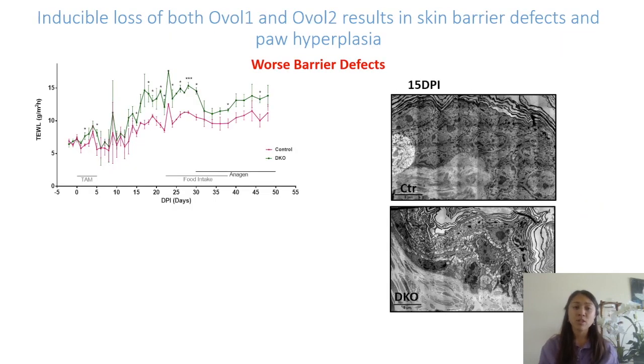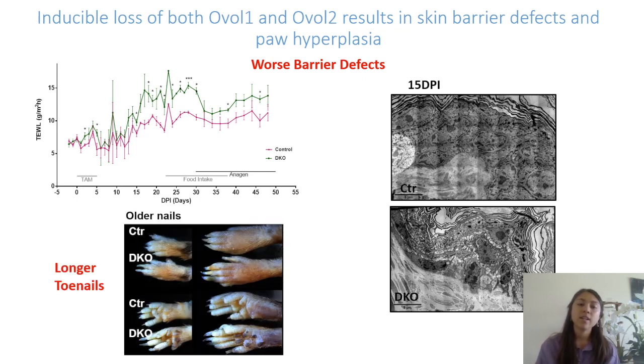And so, as I mentioned, here you can see in the graph that these mice have worsened barrier defects. And if you zoom in on images of the skin of these mice, you can tell that the cells are not adhered to one another quite so well. And here is an example of the nails being longer in the knockout compared to the control.